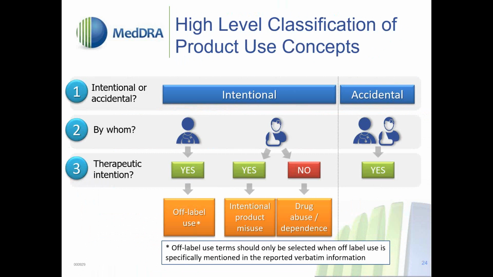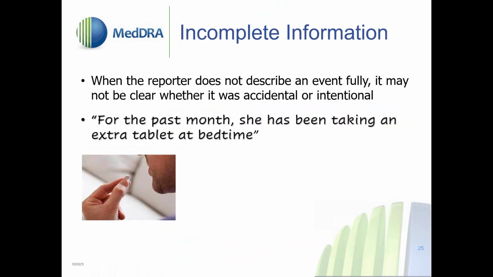It's of course intentional, and depending on the stage where this occurs, whether this is just a prescription or whether it's actually administered, you would need to code to different PTs in order to capture the full information. We will come to this when talking about the principles of coding medication errors.